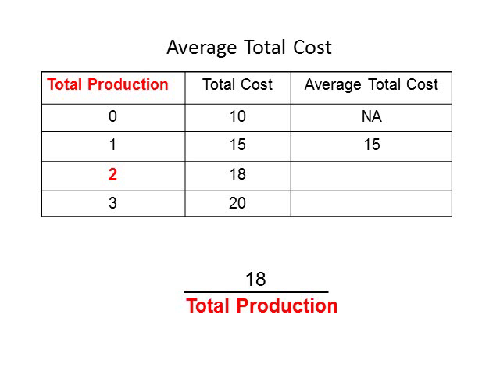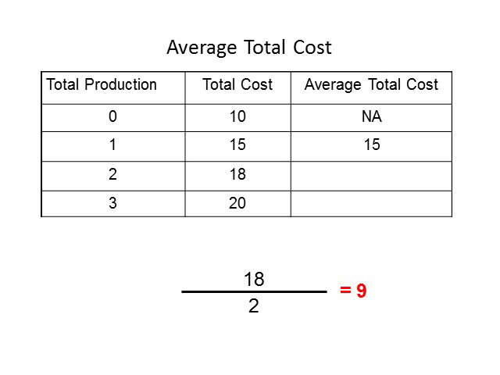Looking at the table, find the production on the table and total production in the formula. Notice that 2 is the amount of printers that the firm produces when the cost is 18. Substitute 2 into the formula. Dividing 18 by 2 gives $9 per printer. Next, transfer the $9 to the third row of numbers in the average total cost column.